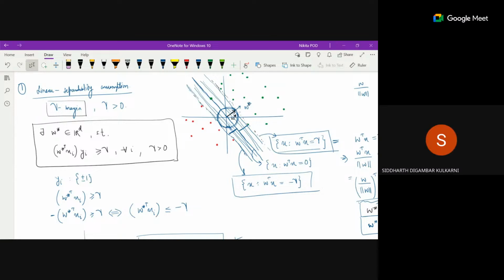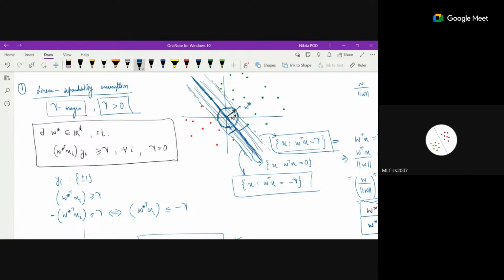Suppose you make another line passing through the origin which separates the two sets of points. You can make another line like that, right? This is one line we have drawn, which is my decision boundary, but we can make another decision boundary also.